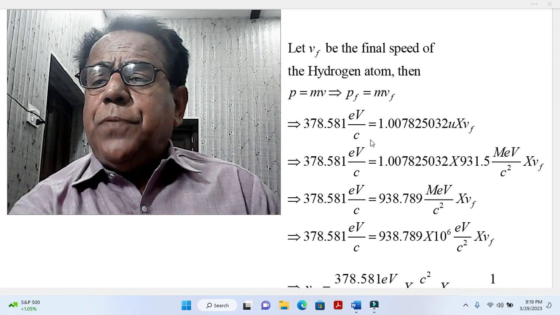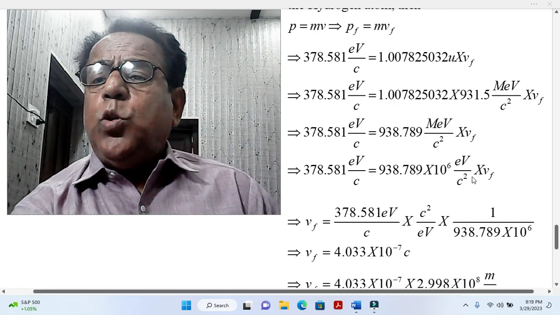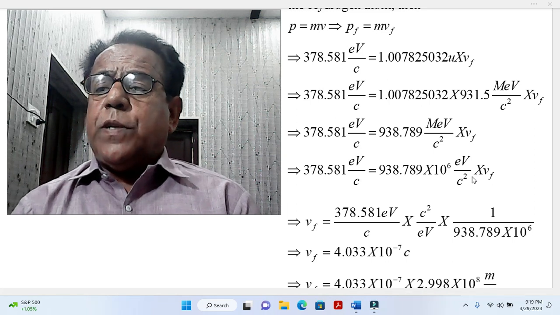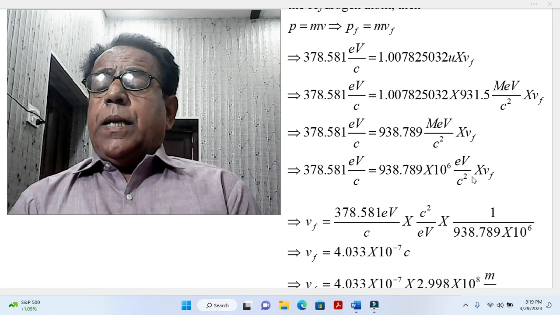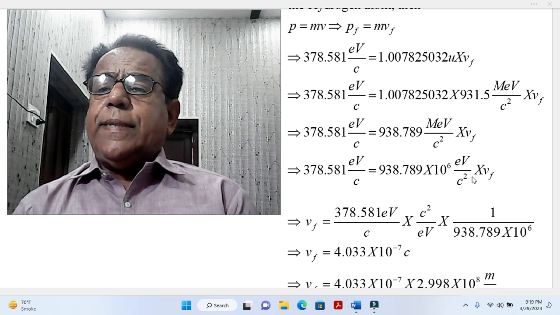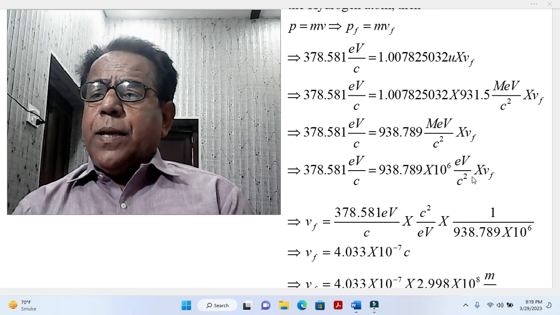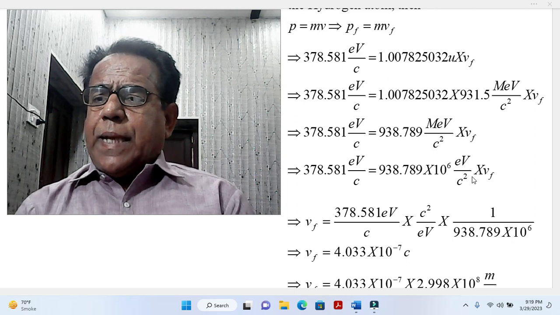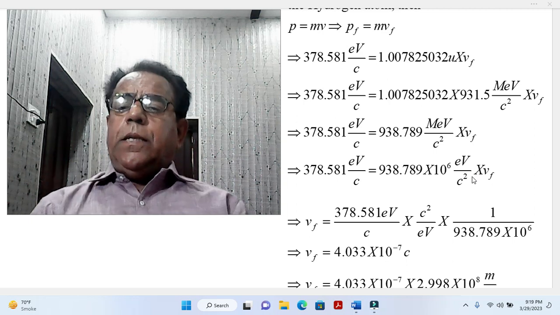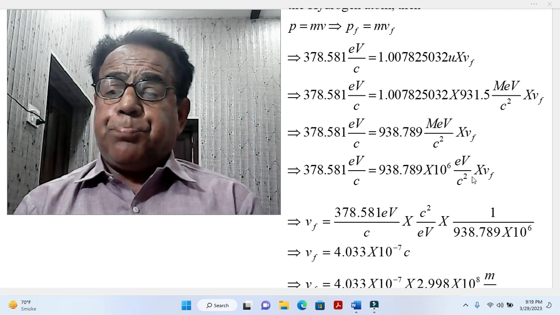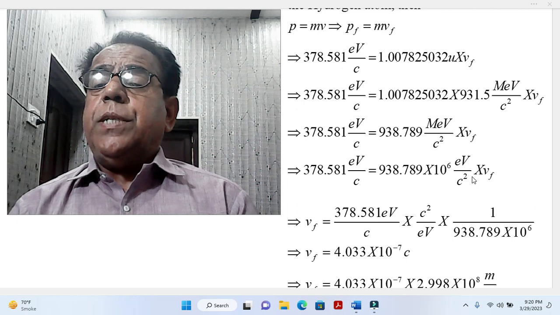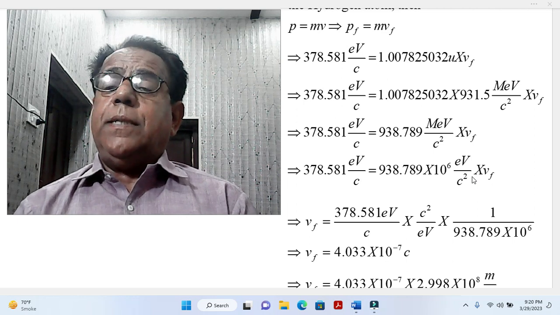So after simplification we will get the value of Vf equal to 378.581 electron volt over c into c square over electron volt. Here, dear students, c square will be c times c, one c will be cancelled with the c, and we will be left with only one c. So the final speed Vf will become equal to 4.033 into 10 to the power minus 7 c, where c is the speed of light.